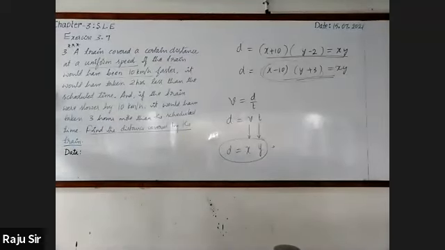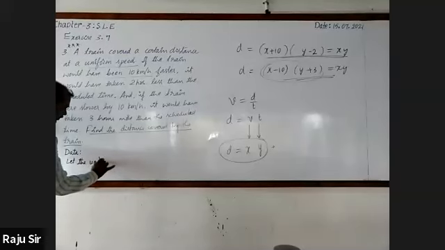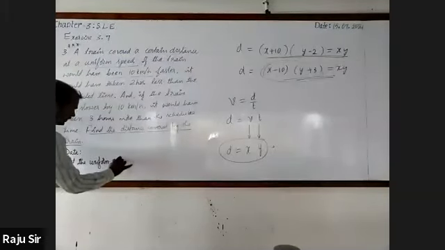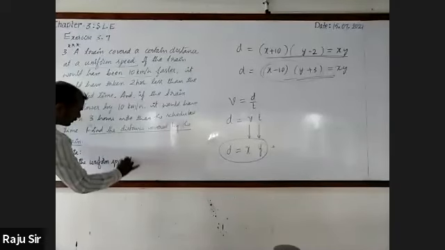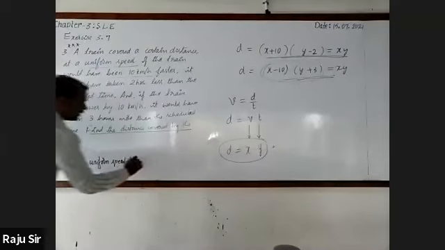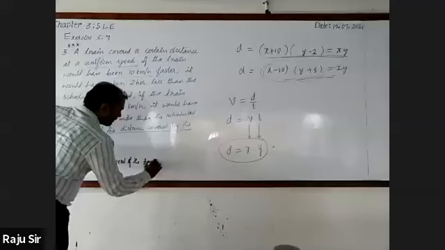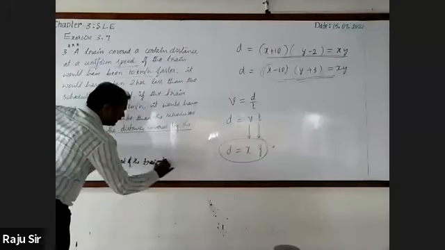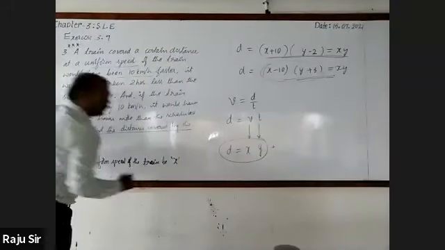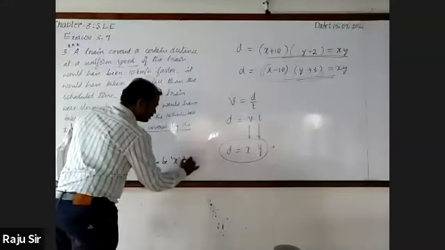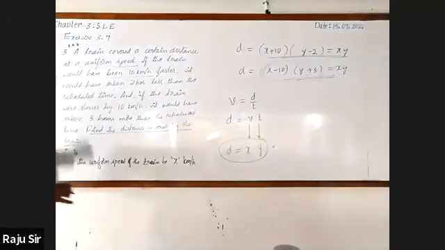Data. Let the uniform speed of the train be x km/h.